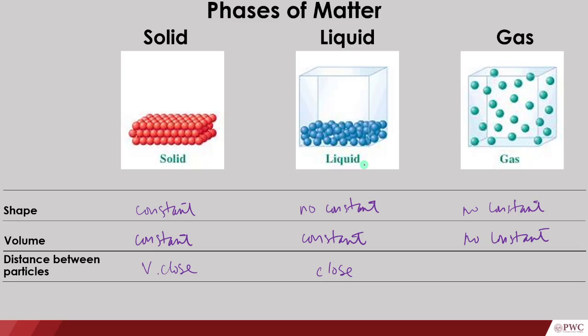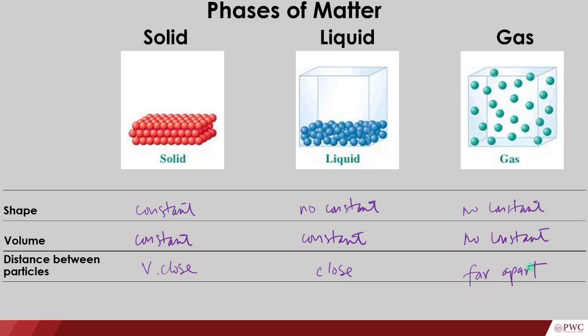And for liquids, the particles can move around each other, so they have freedom to move past each other. While for solids, the particles are stuck in their positions, so they cannot move. And in terms of gases, as you see here, the particles are far apart from each other.